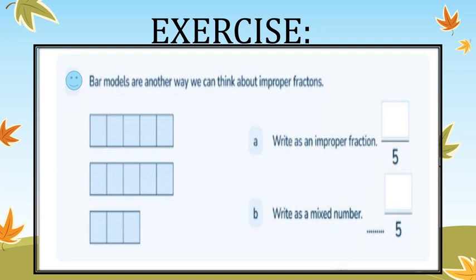This is one whole complete bar. This is another whole complete bar. That means we have got 2 whole figures, and the third one is a fractional representation of the whole: 3 parts out of 5 parts. So how will you write the improper fraction for it? Think.